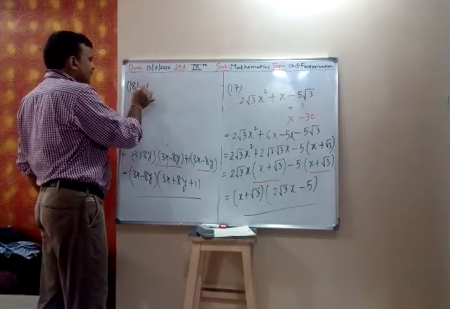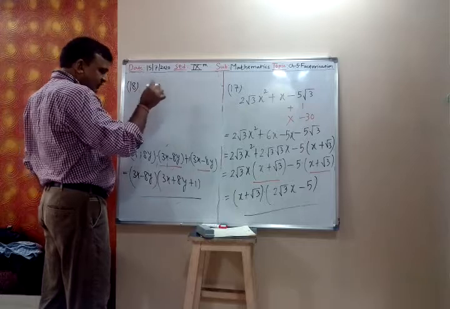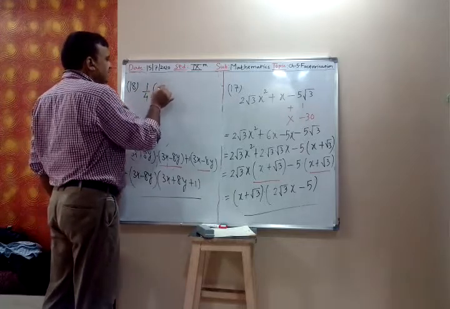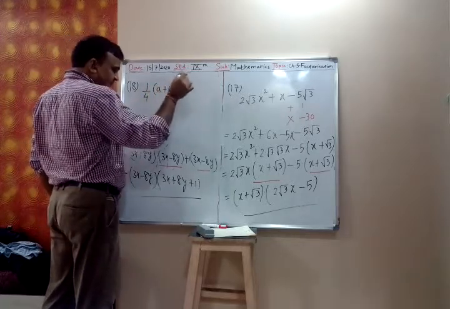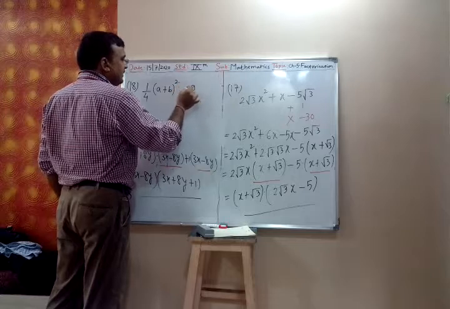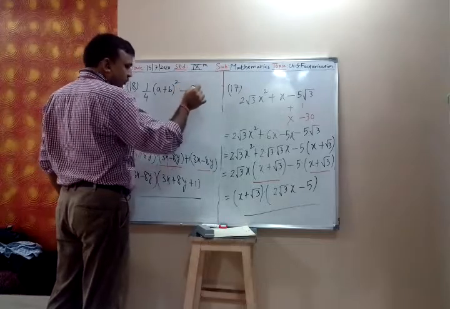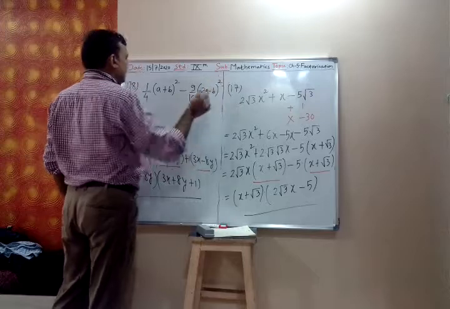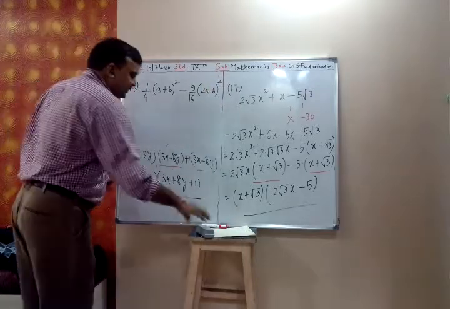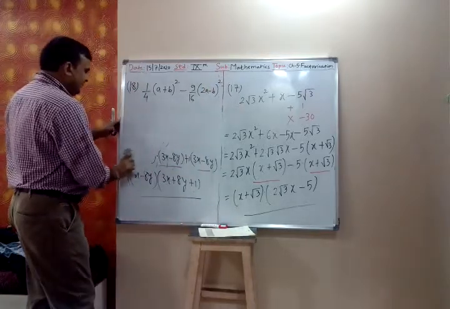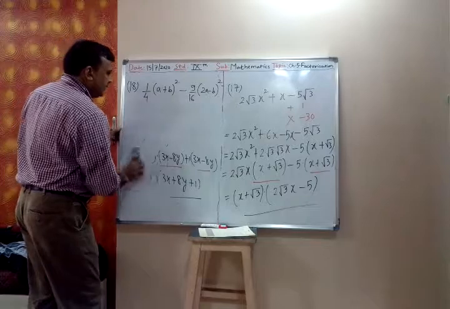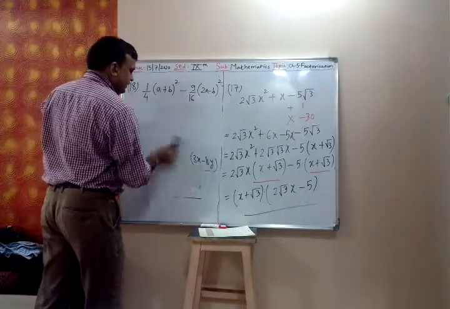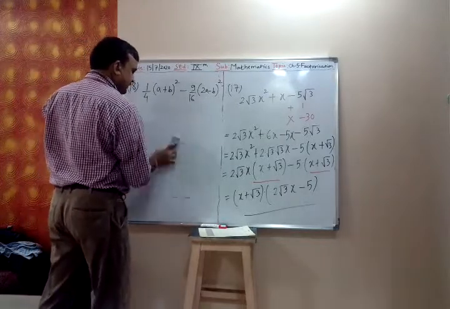1 by 4 a plus b whole square minus 9 by 16 2a minus b whole square. This is important.